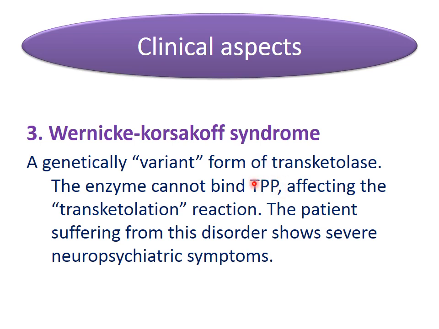So when there is deficiency of thiamine pyrophosphate or deficiency of the transketolase enzyme, both stop the HMP shunt and the patient suffers from this disorder. In this disorder, there are neuropsychiatric symptoms, that is confusion and other symptoms, which is a psychiatric syndrome.